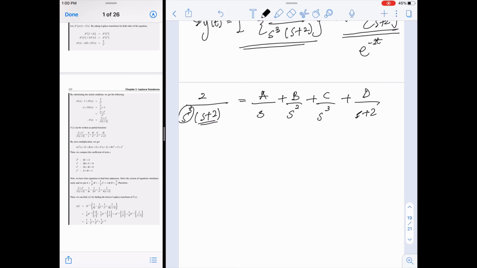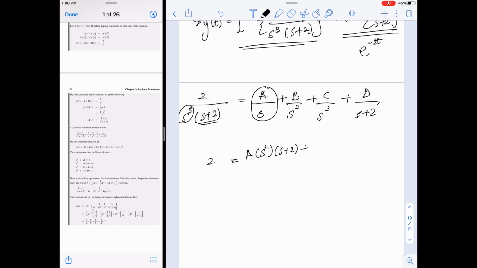As I said to you previously, we need to match with the left hand side. The left hand side we have 2. So look at this term: which term is it lacking so that it will become just like the denominator of the left hand side? For A, we already have s, so we need to multiply with s squared and s plus 2.